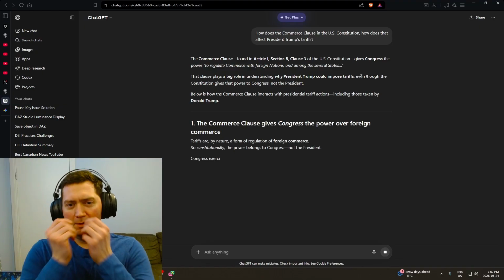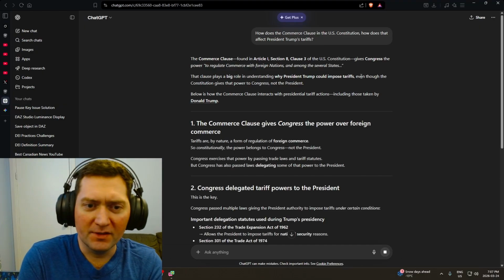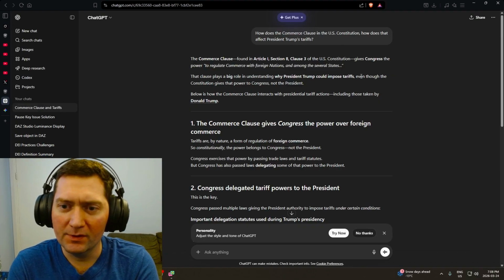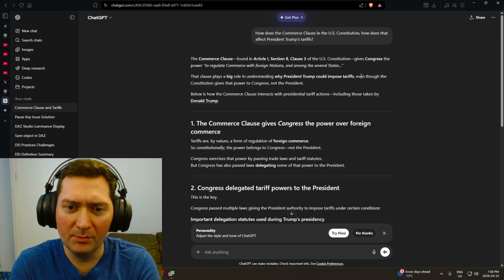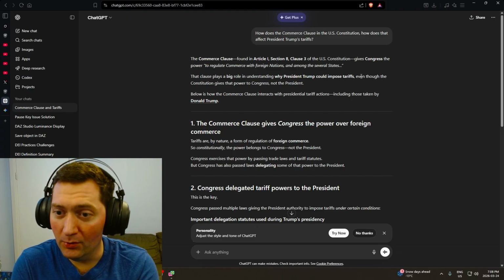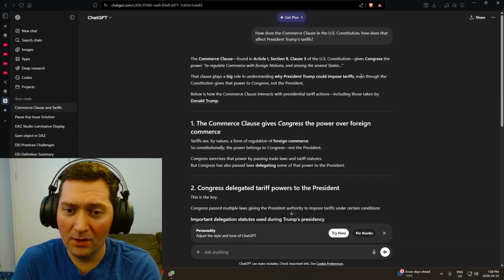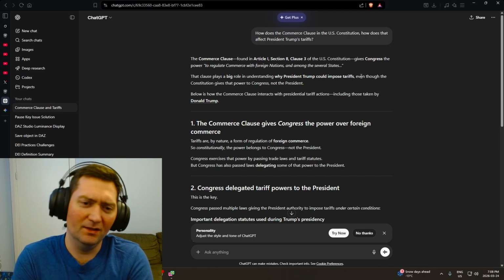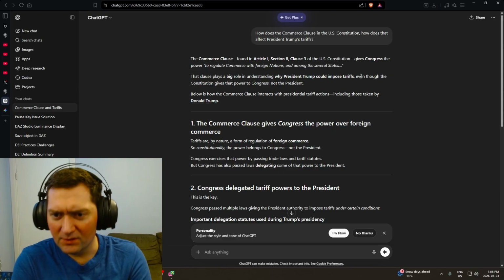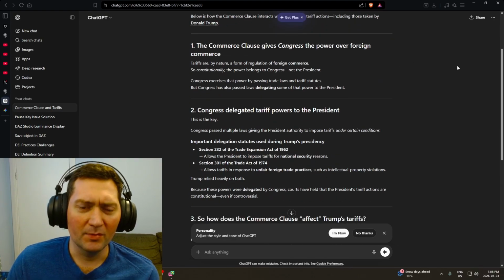The Commerce Clause, found in Article 1, Section 8, Clause 3, gives Congress the power to regulate commerce with foreign nations and among several states. This clause plays a big role in understanding why President Trump could impose tariffs, even though the Constitution gives that power to Congress, not the President. Below is how the Commerce Clause interacts with presidential tariff actions, including those taken by Donald Trump.